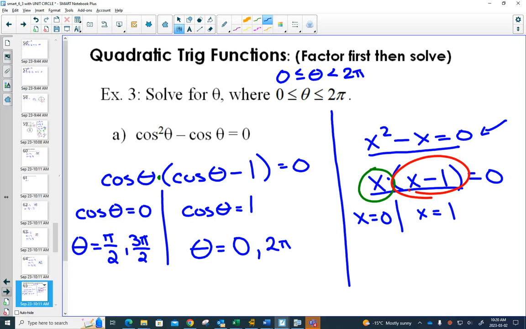What was written for us is theta is between 0 and 2 pi, but with the line it says include 0 and include 2 pi. So when we have cos theta equals 1, we would have to include the answer of 0 and we'd have to include the answer of 2 pi. If the question was written without that line, then you would not write 2 pi as an answer because the 2 pi is not included.